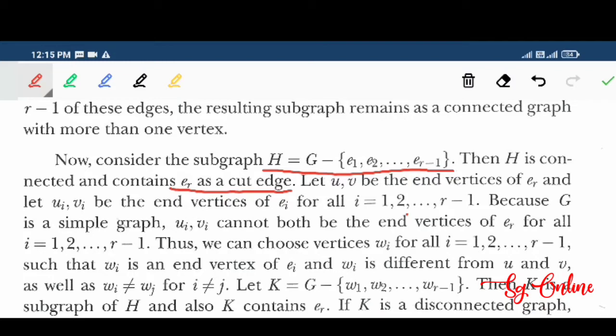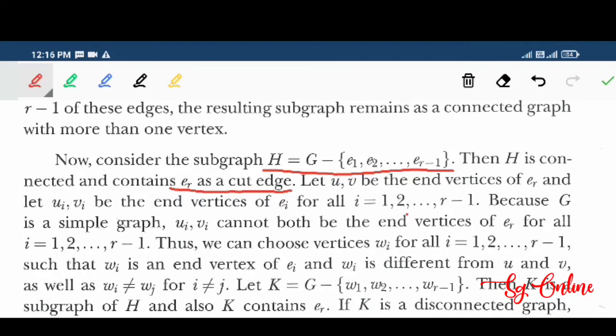Now what we will construct, this construction is very nice, beautiful. We will also delete, in parallel, R minus 1 vertices from G. Which R minus 1 vertices?